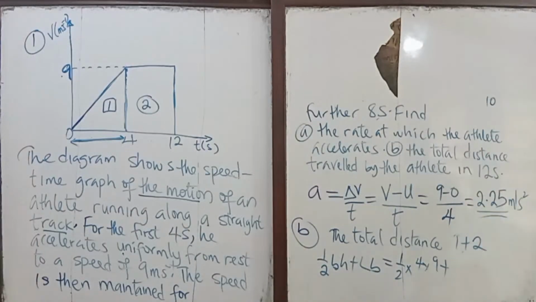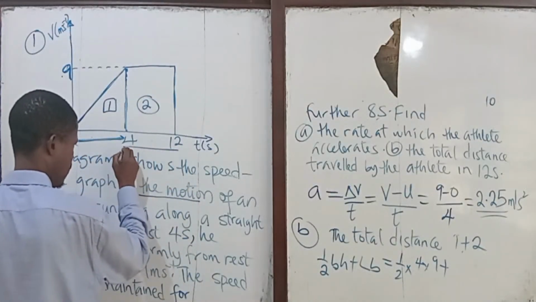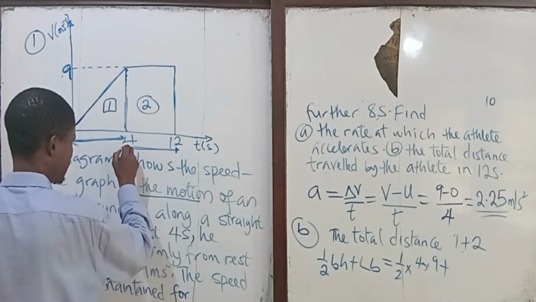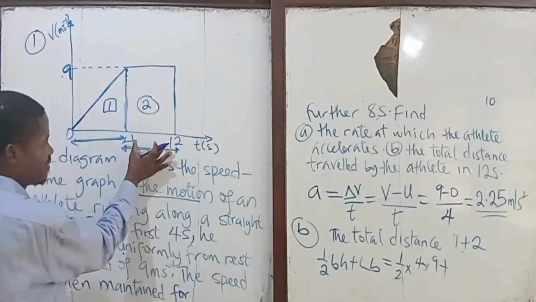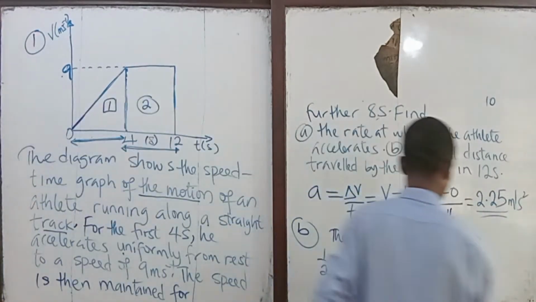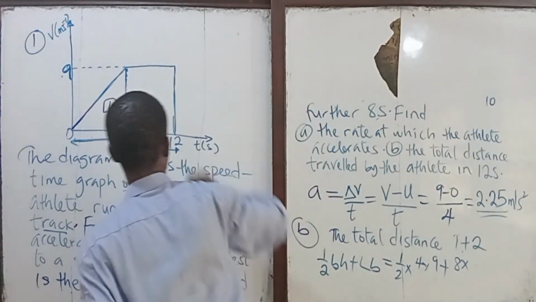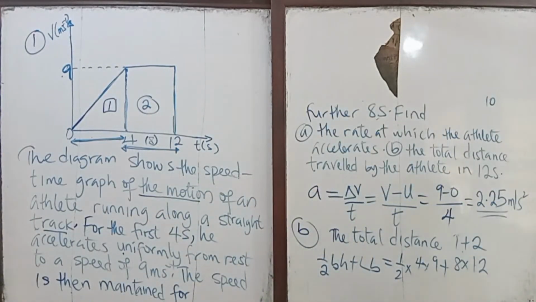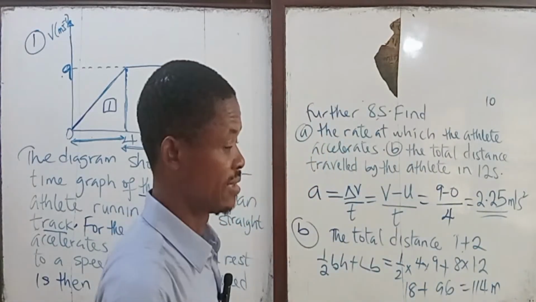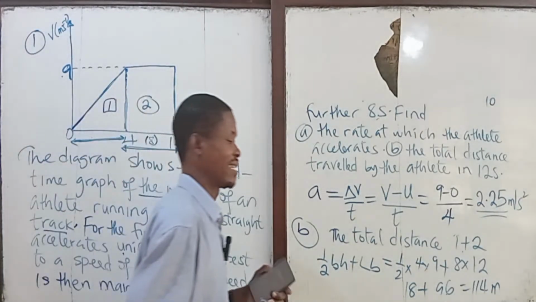Plus for the second shape, the length is the distance from 4 to 12, the interval, which is 8, times the breadth, 12. That gives 114 meters, the distance traveled by the athlete.